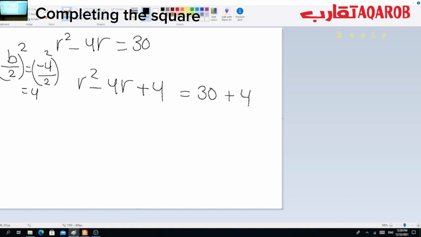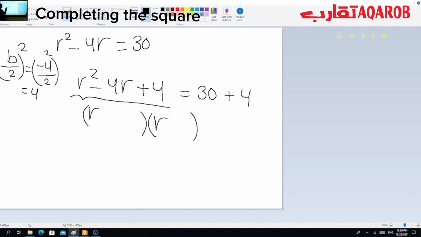Now we are close. If you remember, I call this a perfect square polynomial. How? I can just factor it and split r.